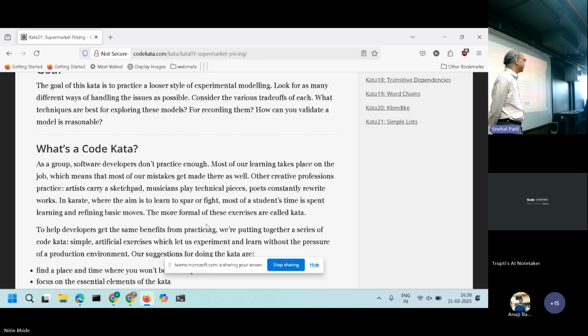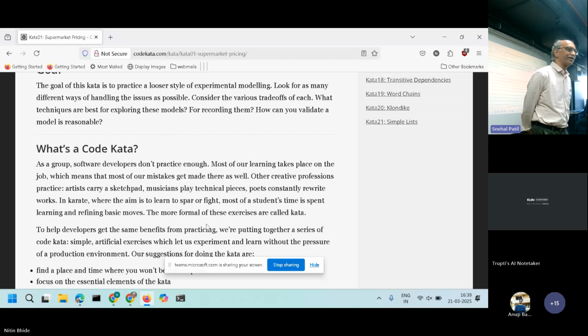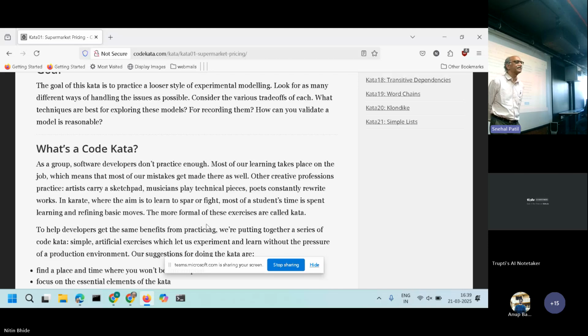So the idea of kata is that you solve it, think about it, come up with some solution. Solve it again, come up with a different solution. Solve it again and come up with a different solution. I am probably attempting the supermarket pricing kata for the 10th or 12th time, and every time it gives me different insights. Every time I discuss it, it gives me a different insight.